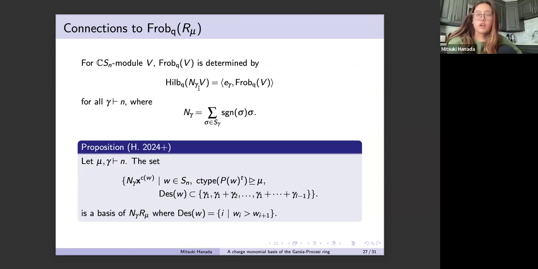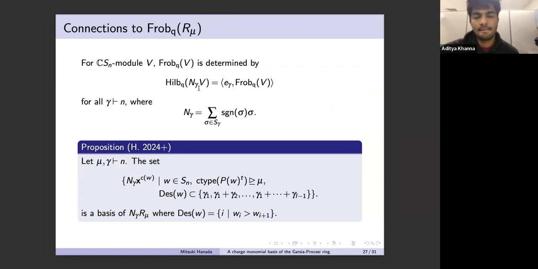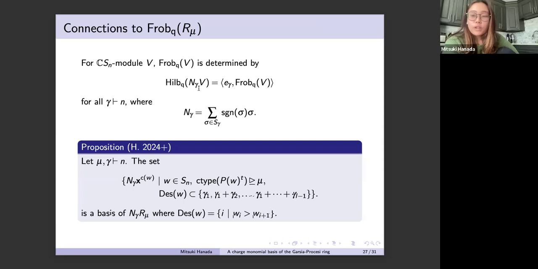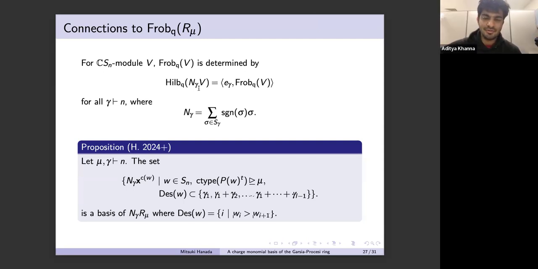Yeah, so gamma is just, you can take a composition and you take the Young subgroup corresponding to it. So each of the components is given by the part of the composition. And how does this condition work, like gamma 1, gamma 1 plus gamma 2? Where does it come up?